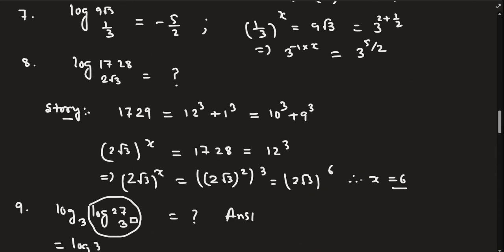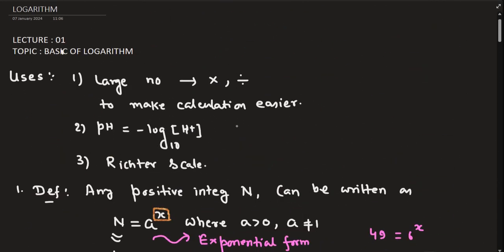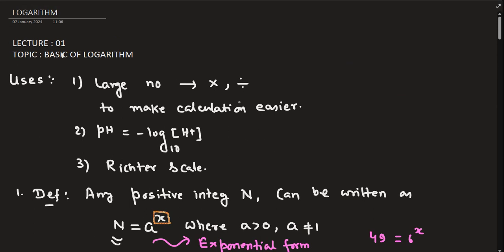One thing I already said about the application of logarithm: it is used to make calculation easier, to calculate pH value, in the Richter scale. Other than these, different real life applications are there, like the arrangement of petals in the sunflower. It is one of the most important topics for IIT JEE.